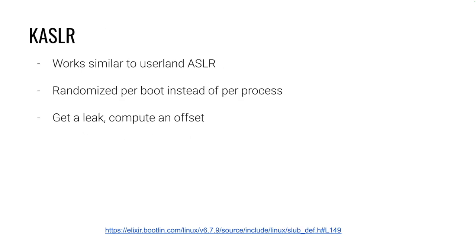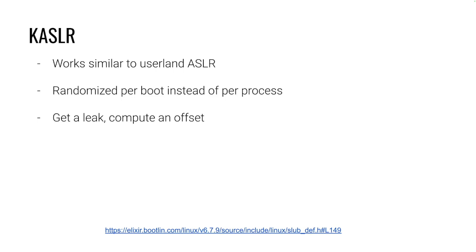The last mitigation that I'm going to talk about is something that we should already be familiar with, and that's KASLR, which stands for Kernel Address Space Layout Randomization. Now, KASLR works very similar to userland ASLR in the sense that ASLR randomizes some bytes in memory addresses, which makes it more difficult for an attacker to know where things are located in memory.